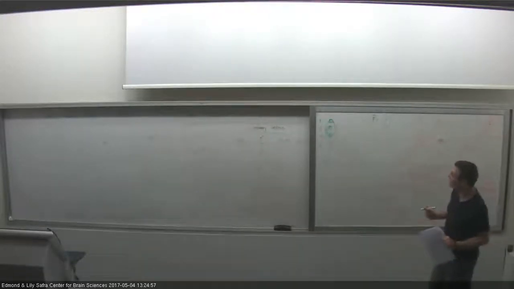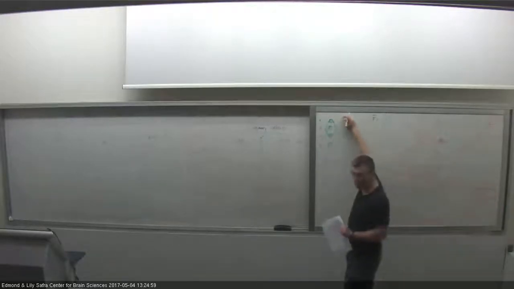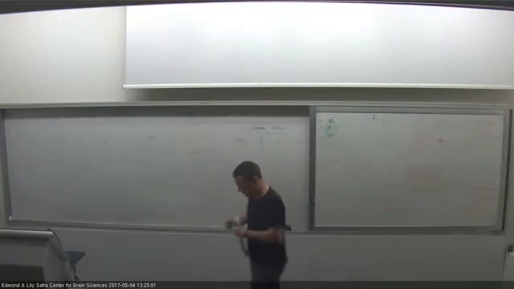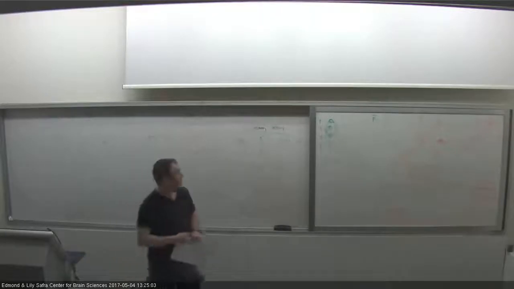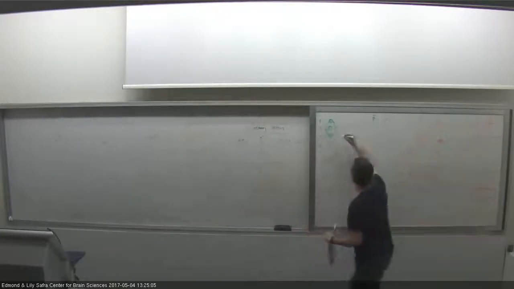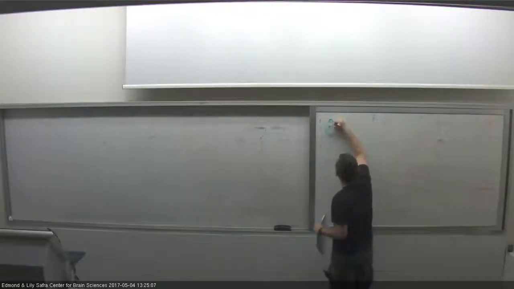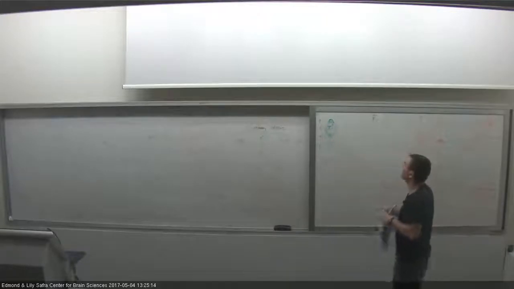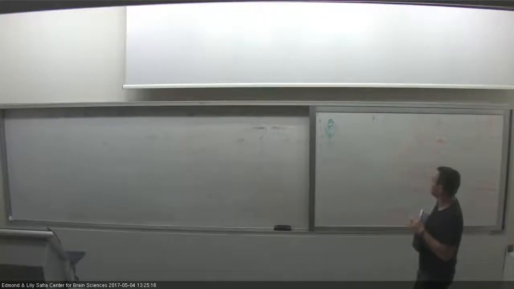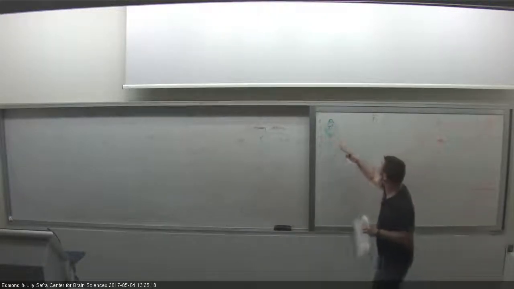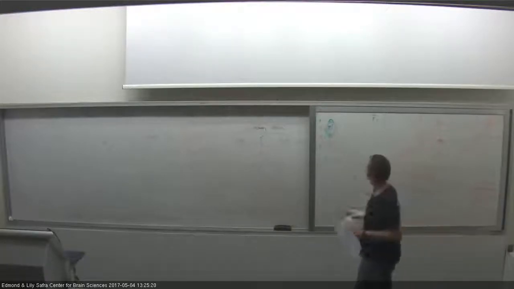Now, let's consider neuron 1 and neuron 2. What would be the strength of connectivity between neuron 1 and neuron 2? Well, it would be 1 times minus 1. So this would be minus 1 over n, and this would be minus 1 over n. And now let's consider neuron 3 and neuron 4.